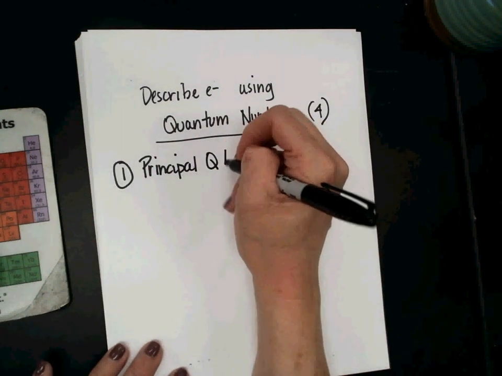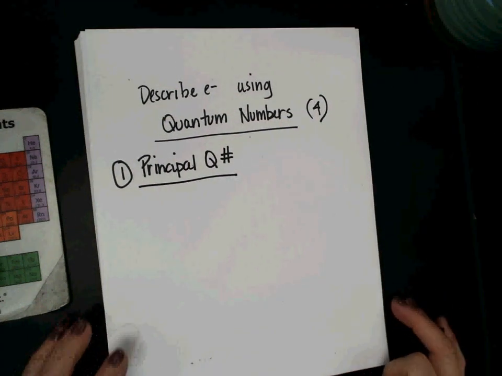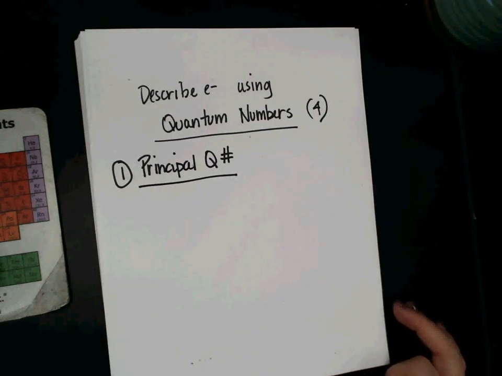The first one is called principal quantum number, and it's an easy one to remember.